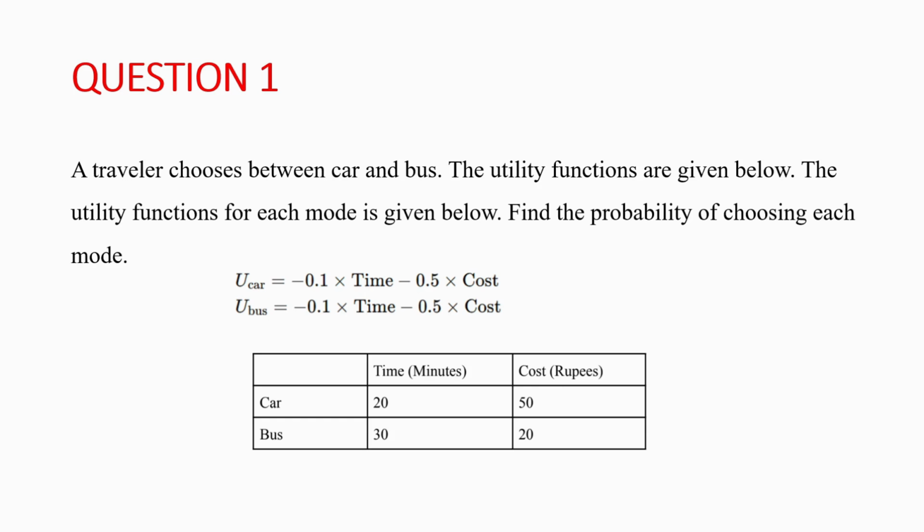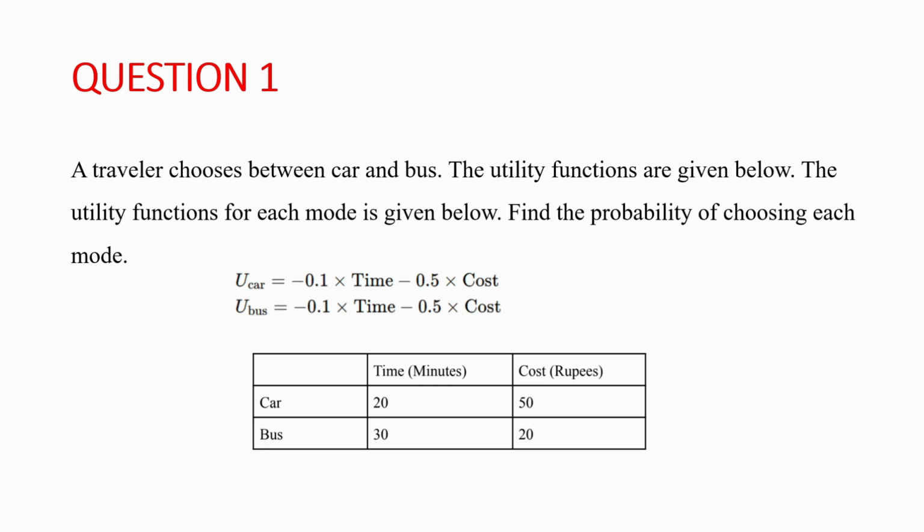As we discussed in the previous Part 1 numerical problems, where we developed a linear regression equation, in a similar way you have a utility function. It's an equation which describes the probability of choosing a particular mode with respect to A or B factors.